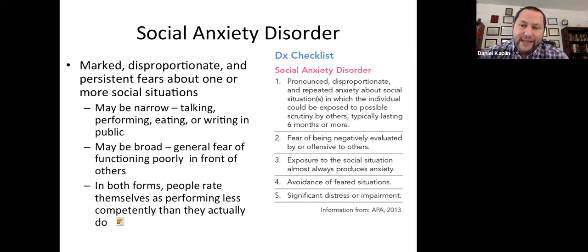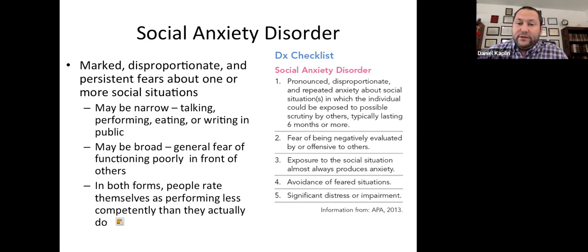Now, what is the fear? It is an irrational fear that they're going to make a fool of themselves, or they're trying to avoid real or imagined embarrassment. So, typically, when a person has a social phobia, they tend to perform more poorly, as I said, than people who do not have a social phobia.